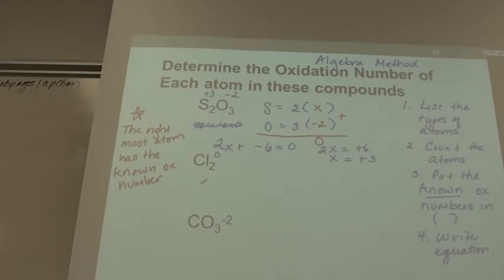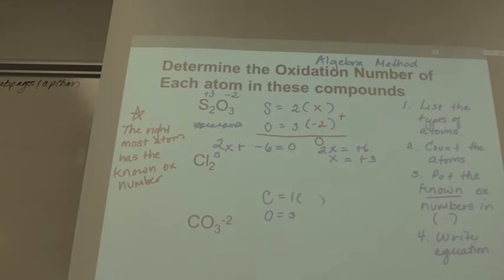Let's do this one. My first step is to list the atoms. I see a carbon, and I see an oxygen. I'm going to count them. I have 1 carbon and 3 oxygens.